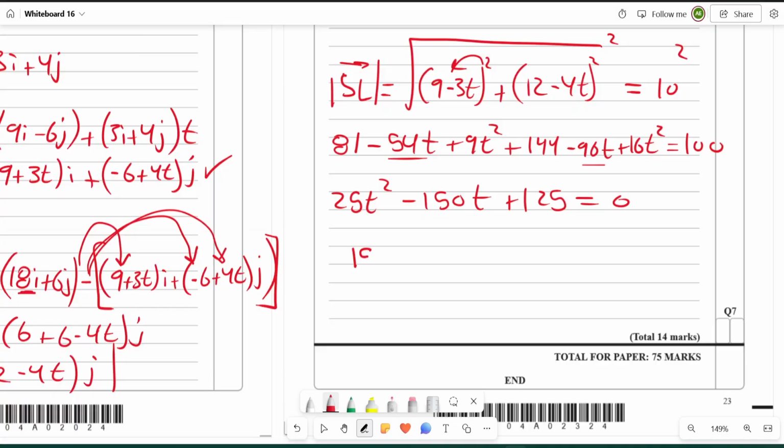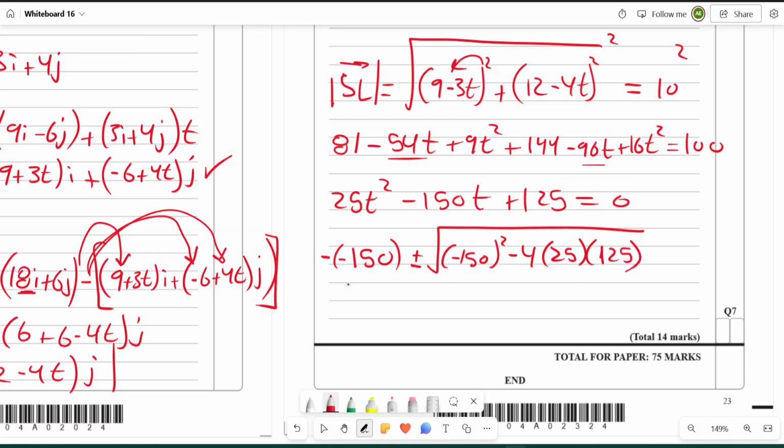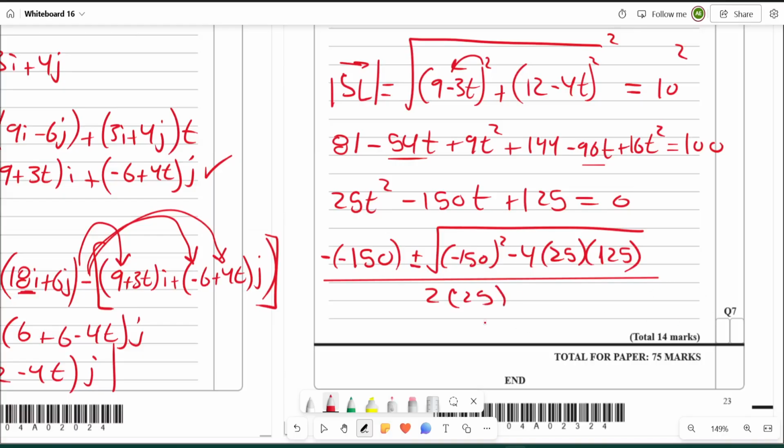So it's minus b, so minus negative 150, plus or minus the square root of b squared minus 4ac, so 150 squared minus 4 times 25 times 125, all over 2 times 25. That's going to give me two answers: the first one when this is plus, the second one when this is minus.